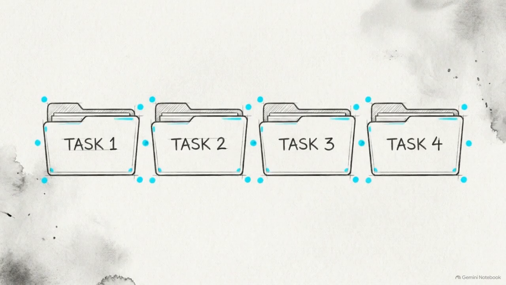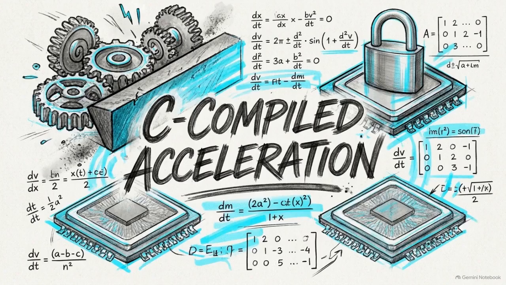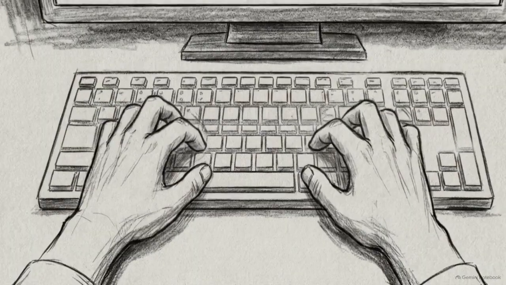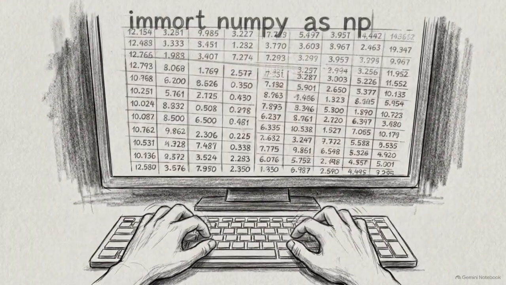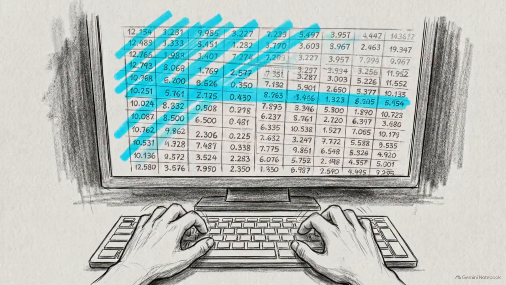The engineering best practice is simple. Design your parallel tasks to be radically independent, minimizing or entirely eliminating the need for data transfer between them. There is, however, a major exception to this pure Python multiprocessing rule, the NumPy library. NumPy achieves massive speeds because it doesn't perform heavy numerical computation in Python. It executes pre-compiled C code under the hood.